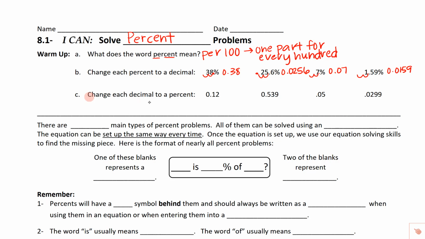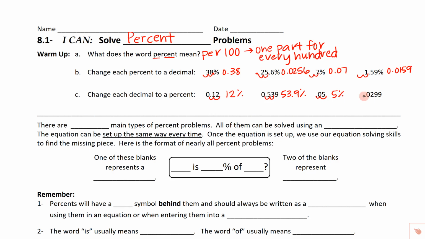Now change each decimal to a percent. Now we're going backwards. We want to take the decimal place and move it twice to the right, or multiplying by 100. So 0.12 would be 12%. 0.539, move the decimal over twice, would be 53.9%. 0.05, move it over twice, would just be 5%.